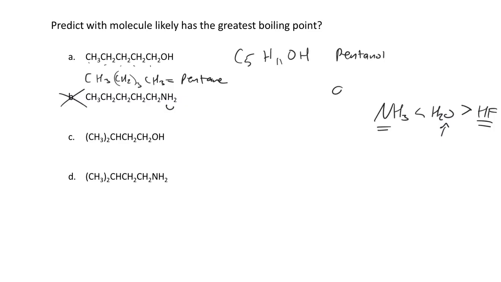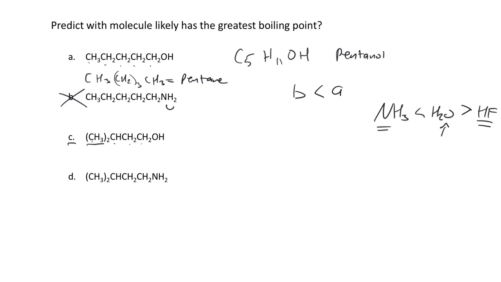If we're ranking these, A should probably be higher than B, just in terms of comparing the electronegativity difference of O versus N. If we're then looking at C and comparing that to version A and trying to think, okay, which one of those has the higher versus lower boiling point, this is what we call a branching point. So if we count the carbons 1, 2, 3, 4, 5, I still have 5 carbons. So I haven't changed the base formula.